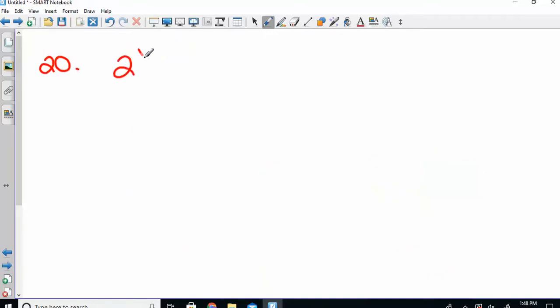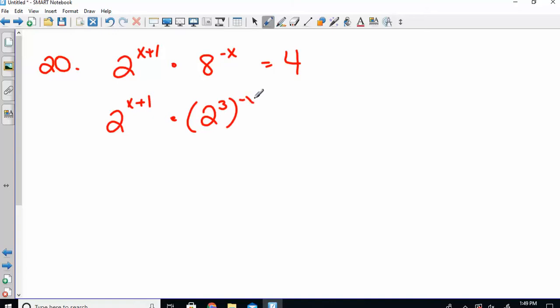Okay, let's look at it. So we have to get a common base. What can I change 8 to? 2 cubed. And 4 is 2 squared.